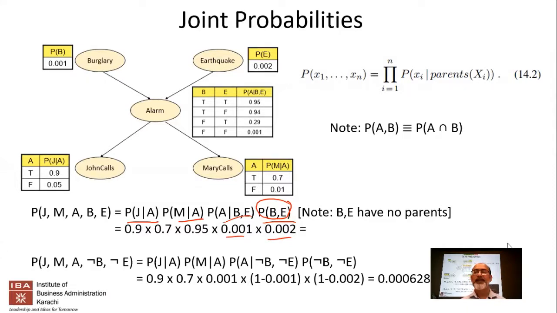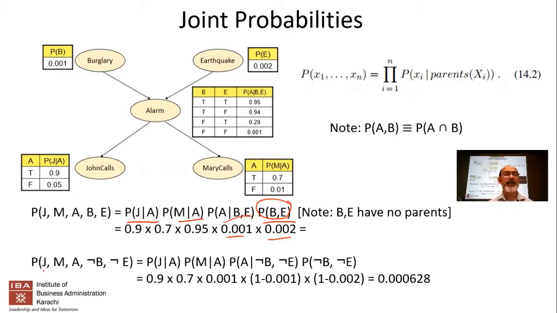So you can see that if you wanted to take another example, you're simply saying, what's the probability of this happening? We want to say, what's the probability that there's no burglary, there's no earthquake, but there's an alarm and John calls and Mary calls? So what are we going to do again?